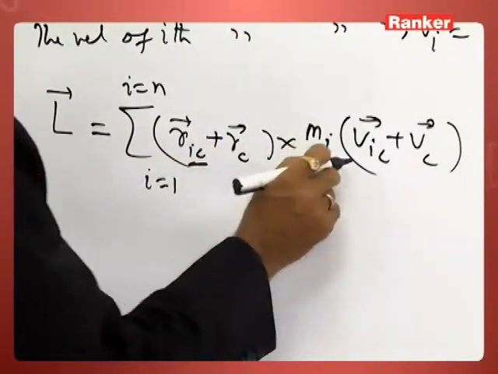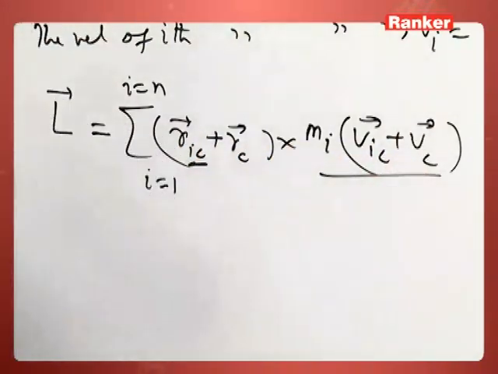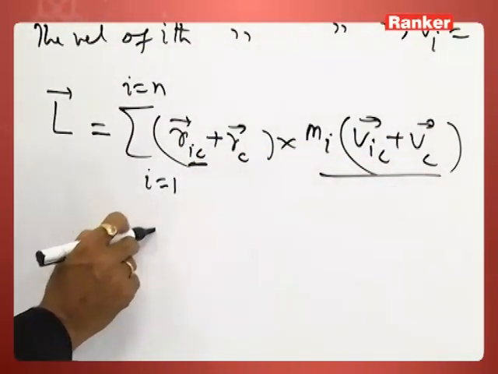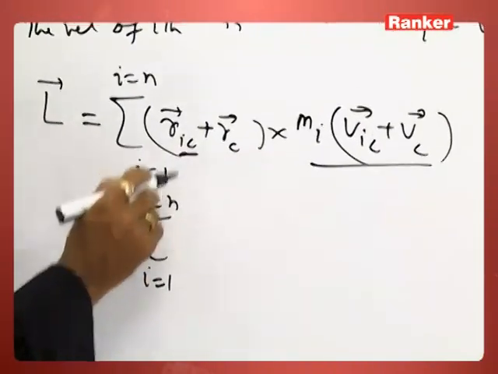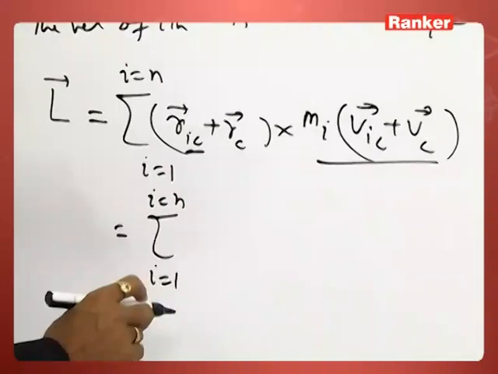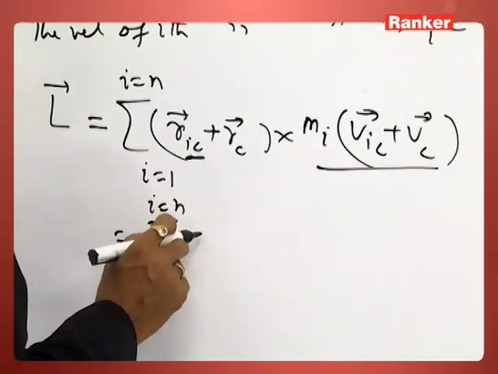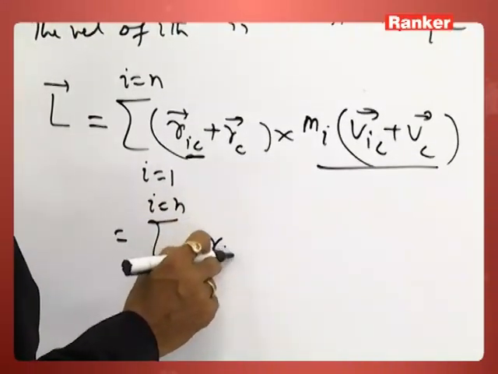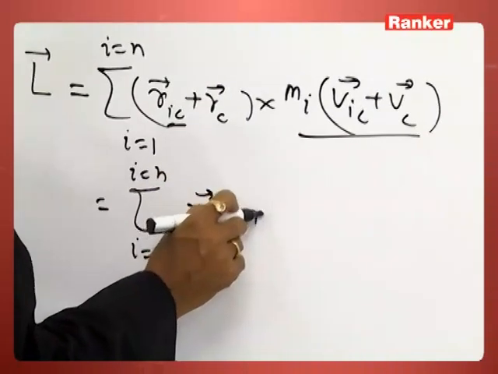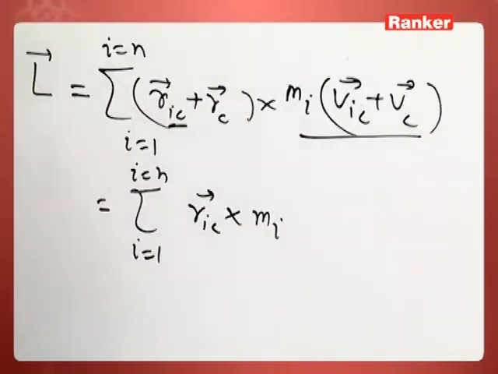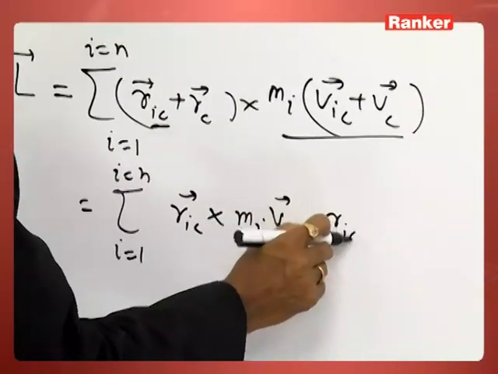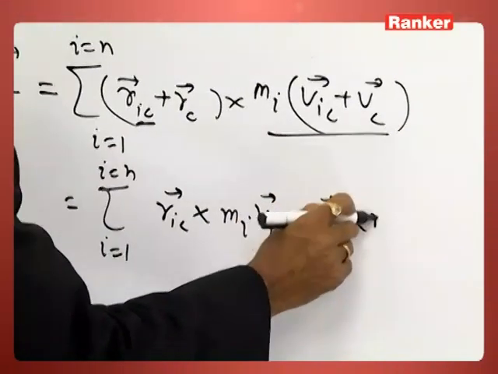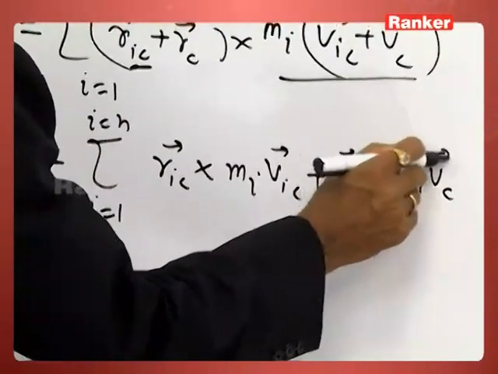First term multiplied with the entire bracket, so you can just write the sum, i is equal to 1 to n, of ric cross mi vic plus ric cross mi Vc.